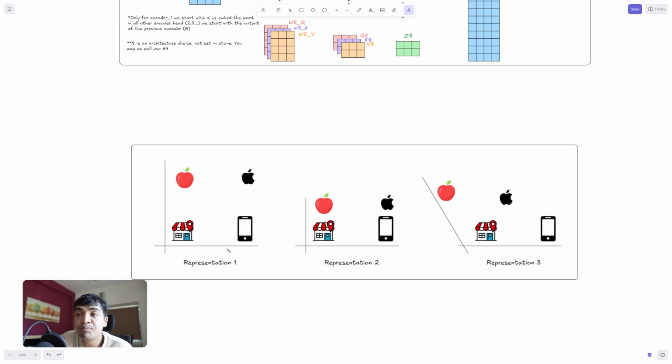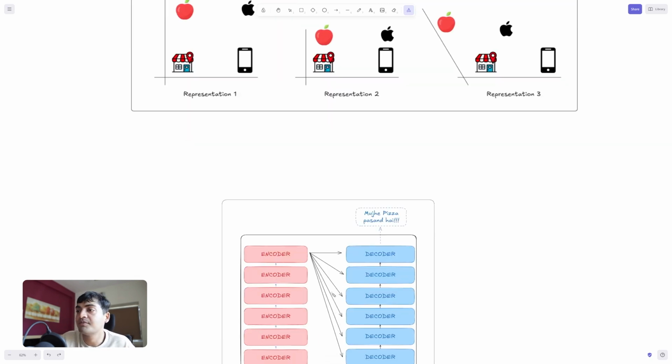But if I take representation 1, I would be confused. Do I need to go to the market to get a generic cell phone, or is the Apple company good? So it causes confusion, right? So we have different attention heads, which capture different meanings, different representations of how different tokens relate to each other, which helps us answer different kinds of questions.